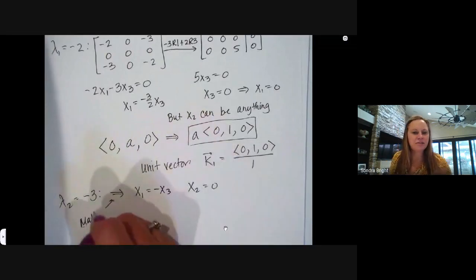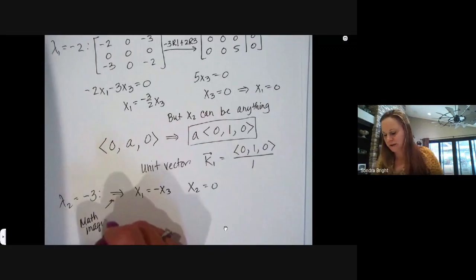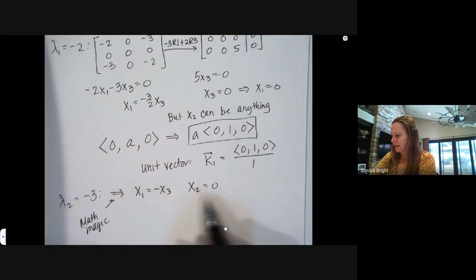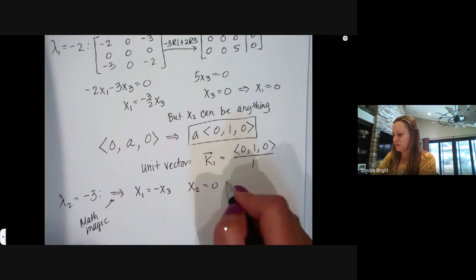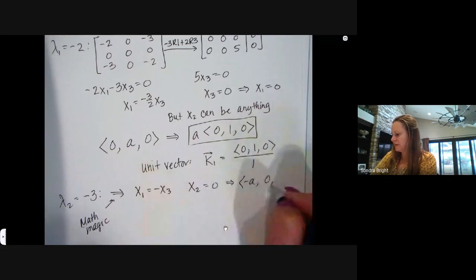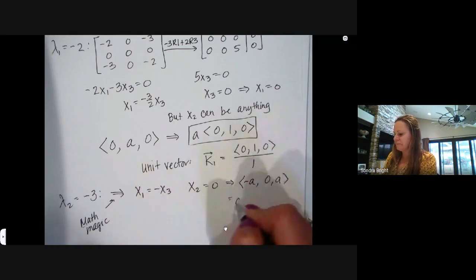You'd always pause it, do it on your own, come back and check. Your negatives might be different, but you should definitely get this relationship. And so if I let x3 be a, then x1 will be negative a, 0, a. So that when you factor out the a, you got that.